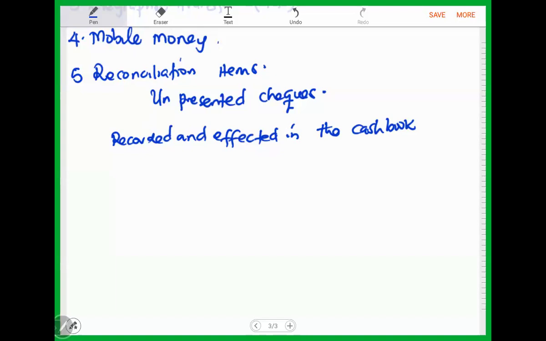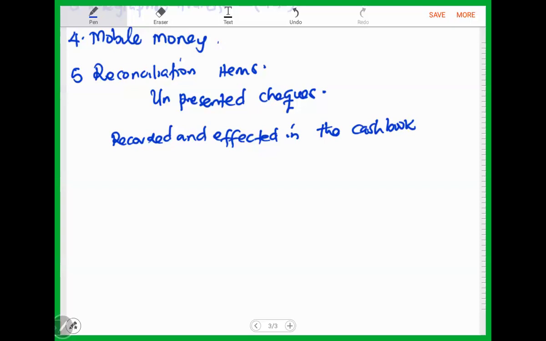In other words, in the cash book, you credit your cash book using the bank since it is a check. Now, as long as this supplier has not presented this check to the bank, the bank can never know that there is a payment which has been made. Therefore, it simply means that this check remains unpresented.